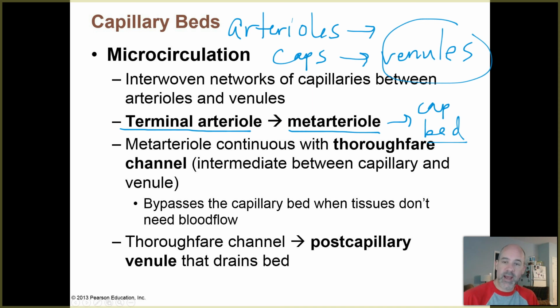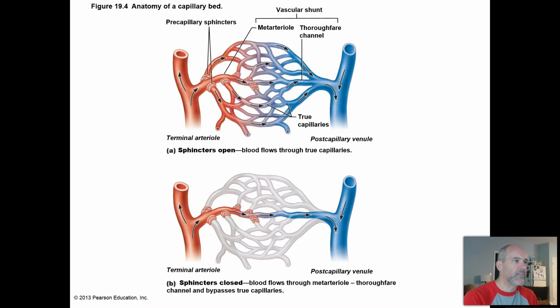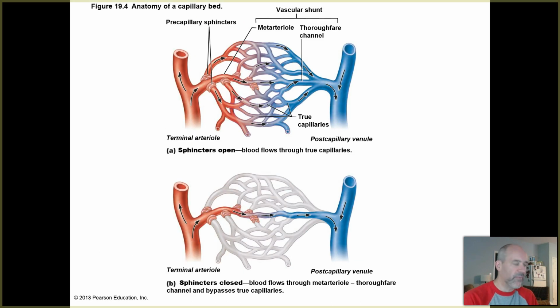And so there's a bypass that exists around capillary beds that's called a thoroughfare channel. That thoroughfare channel leads to the post-capillary venule. That's the first venule that exists following a particular capillary bed. All right, here's a diagram of that from your textbook.